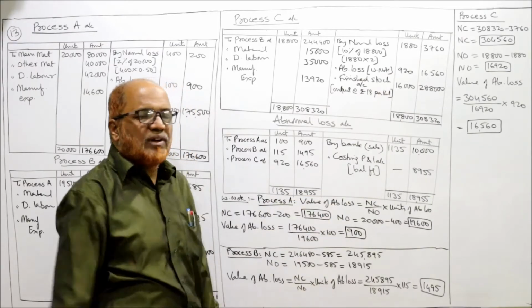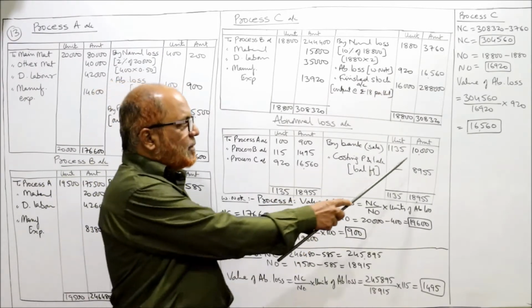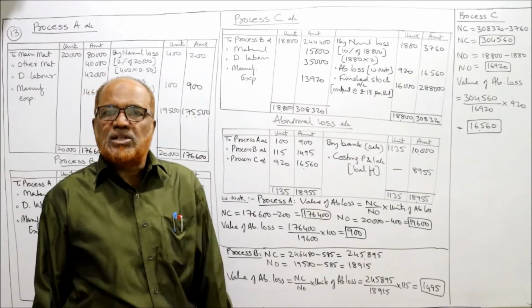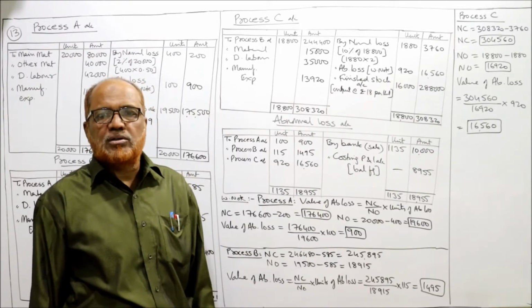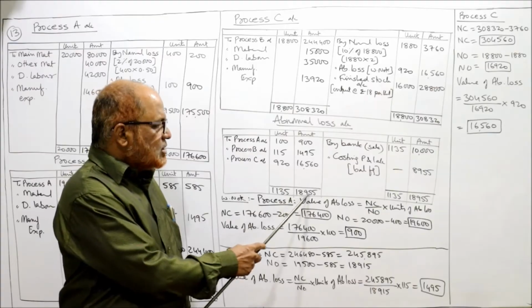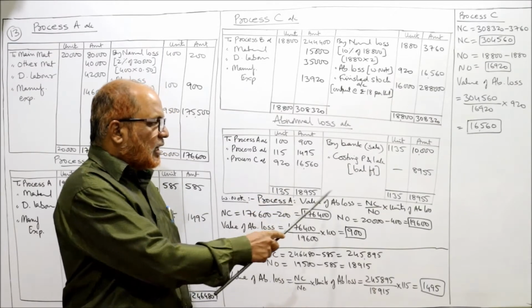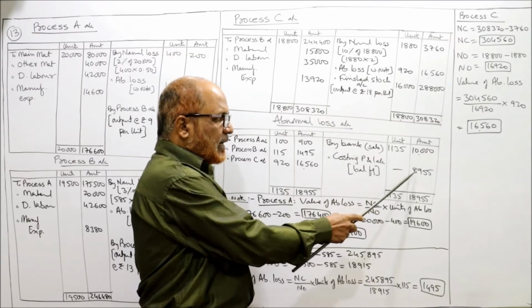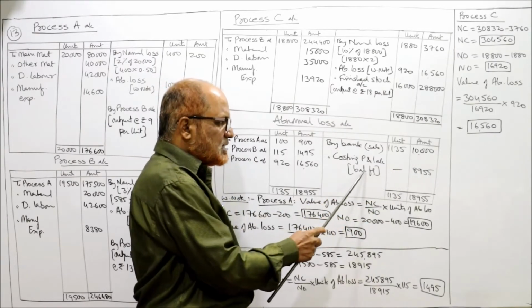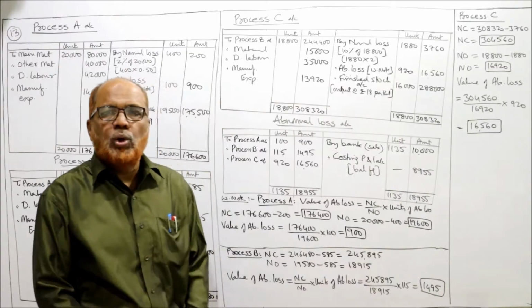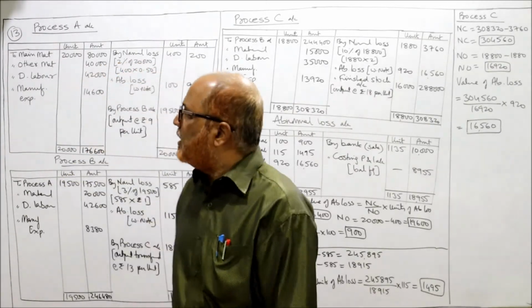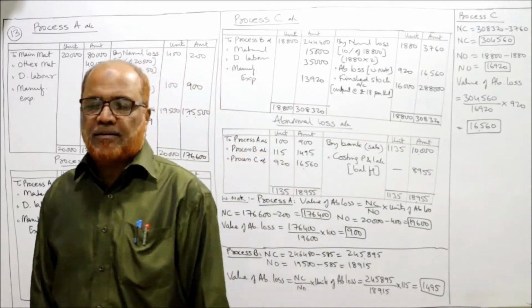So all 1,135 units were sold. For how much? 10,000. Now the balancing figure will be transferred to costing profit and loss account. So 18,955 is the debit side total. 18,955 minus 10,000, you'll get 8,955 balancing figure. This will be transferred to costing profit and loss account. That's all. This is the end of problem number 13.